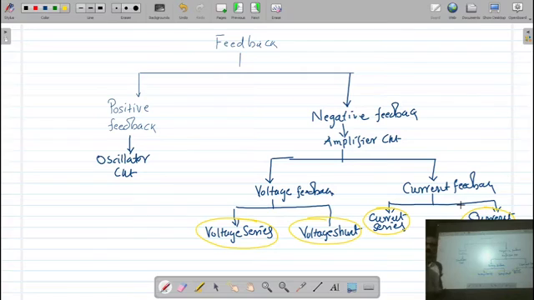All these four types of amplifier have different applications. In the first lecture we discussed the effect of feedback on resistance. Here also we will see whether, for voltage series or current series feedback, the input resistance is increasing or decreasing, and the output resistance is increasing or decreasing.